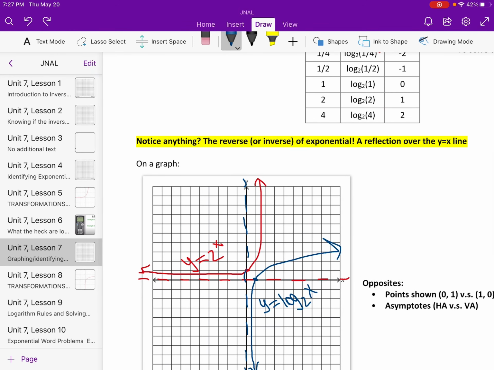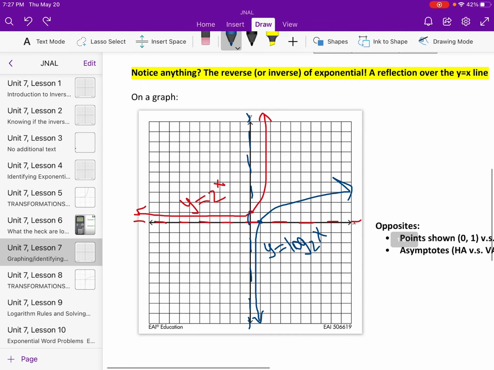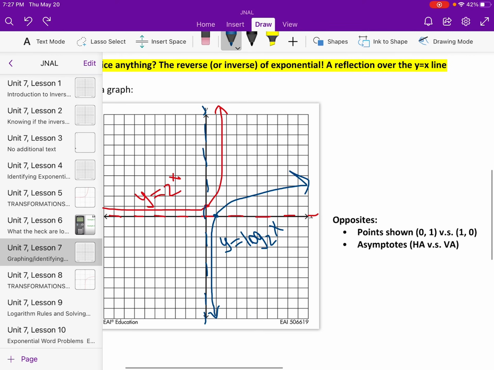So, as I've been saying, notice anything different? It's the reverse. And it has a reflection over the y equals x line. So look, I have both things graphed here. So the opposites are the points shown. So we have a y-intercept and an x-intercept that are opposite for both functions. And the asymptotes are horizontal and vertical that are opposite.